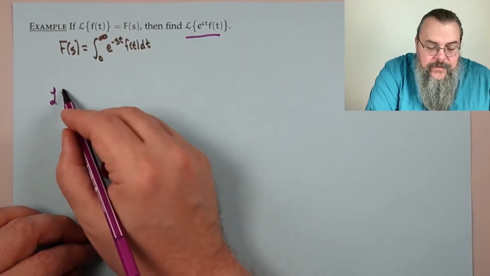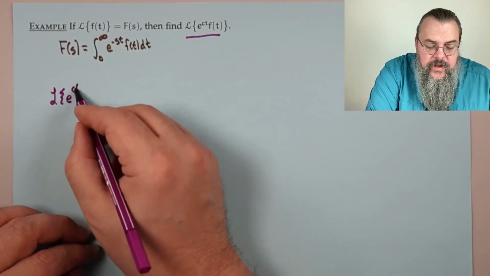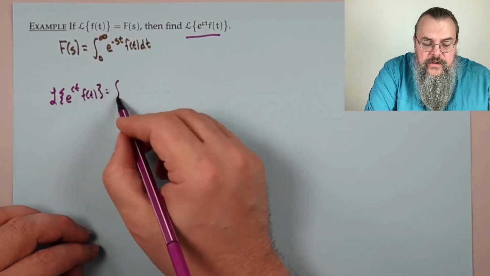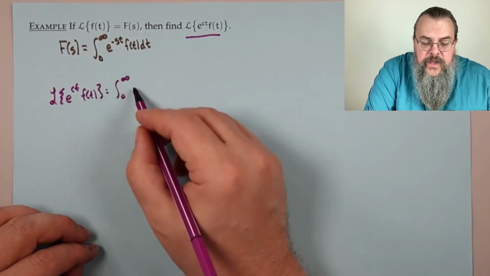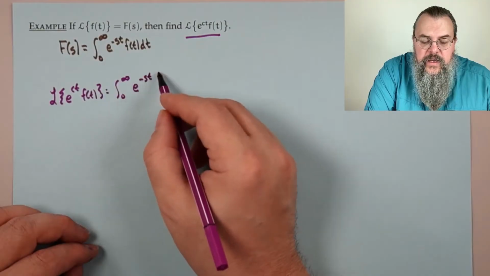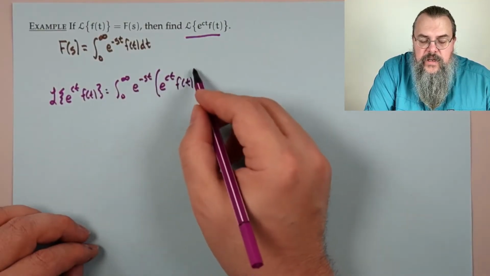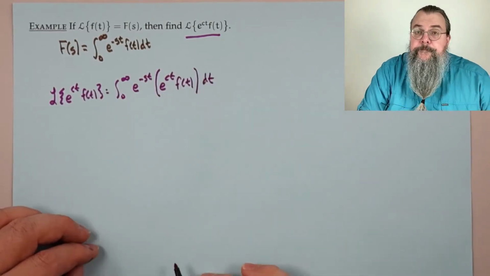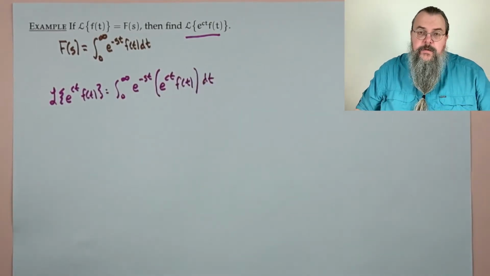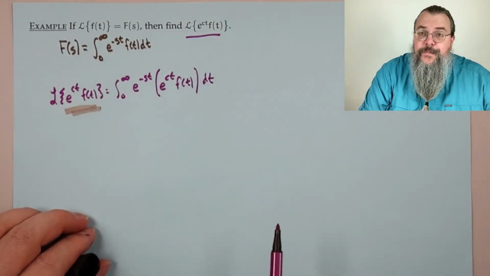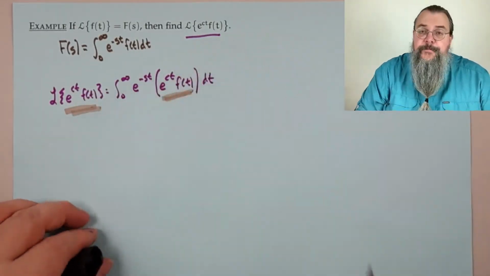So the Laplace transform of e to the ct f of t, by definition, is the integral from 0 to infinity of e to the minus st, e to the ct, f of t dt. Because this is our function that we're plugging into our Laplace transform, and you just put it in.